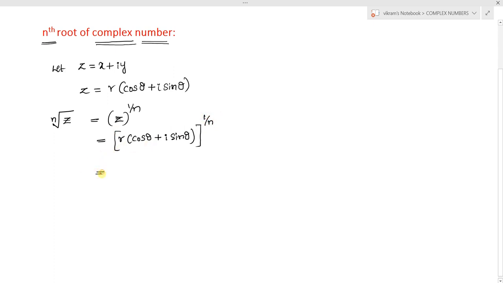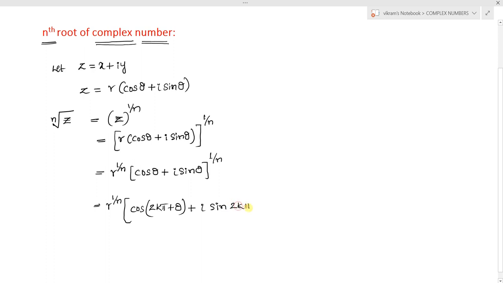Now this can be written as r power 1 by n into cos theta plus i sin theta, whole power 1 by n. We know that theta can be expressed with multiples of 360 degrees. Then we can generalize the nth root of the complex number as cos of 2k pi plus theta, plus i times sine of 2k pi plus theta.